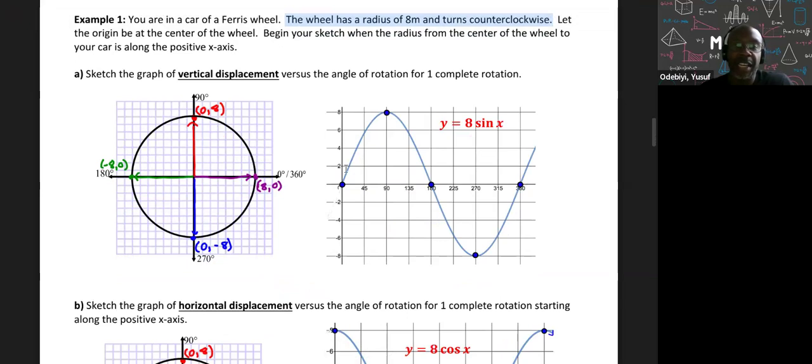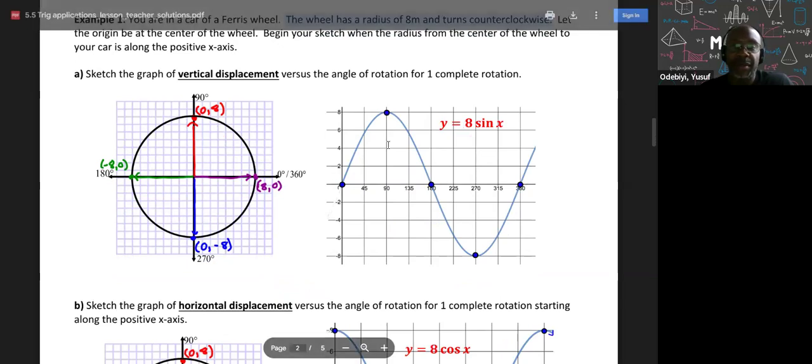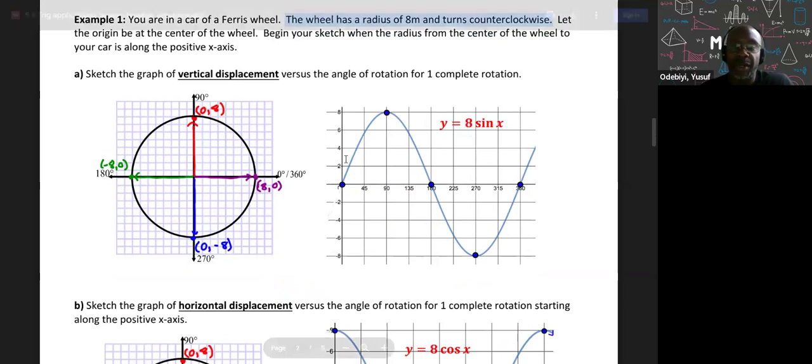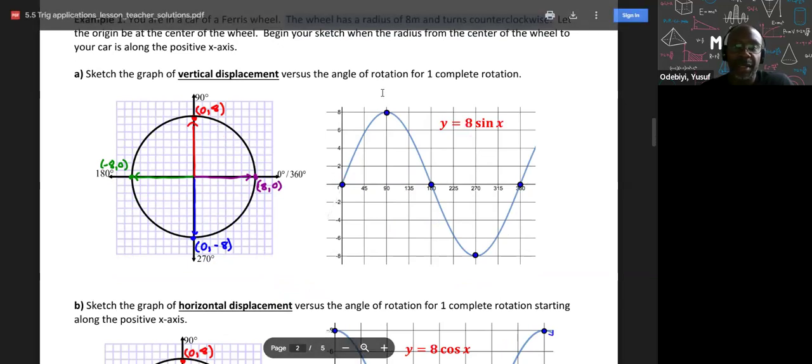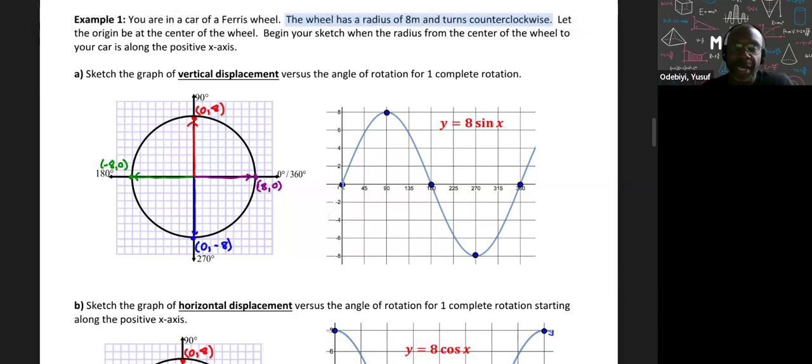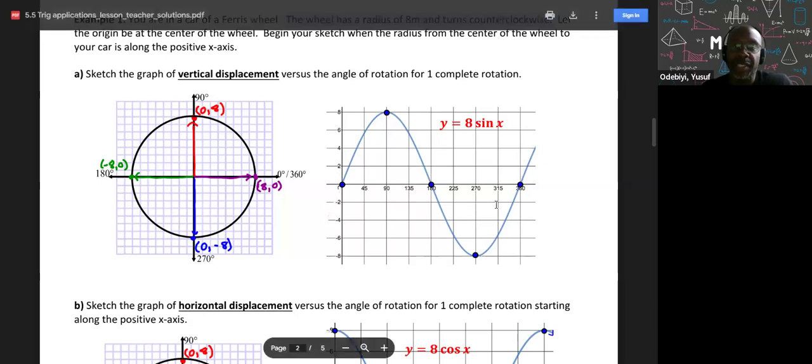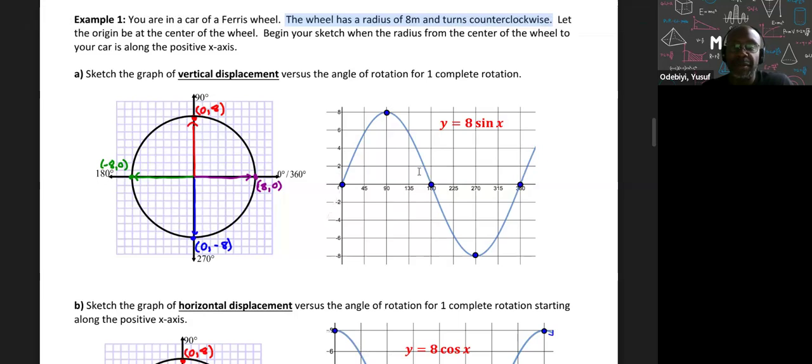So I'm stretching by 8. If I'm plotting this, at angle 0, y is 0. At angle 90, I'm at 8. At angle 180, I'm at 0 again. Then at angle 270, I'm at -8, and angle 360. So that's the graph there.